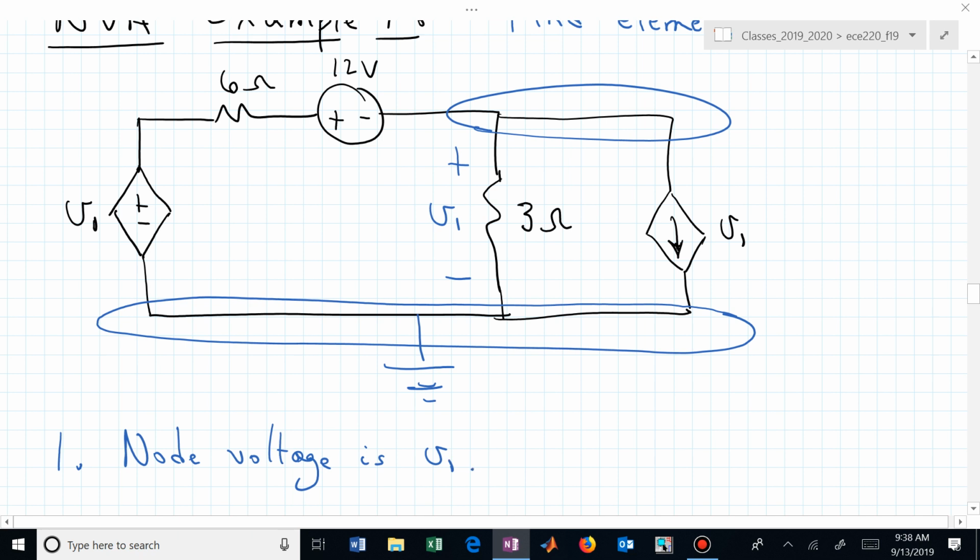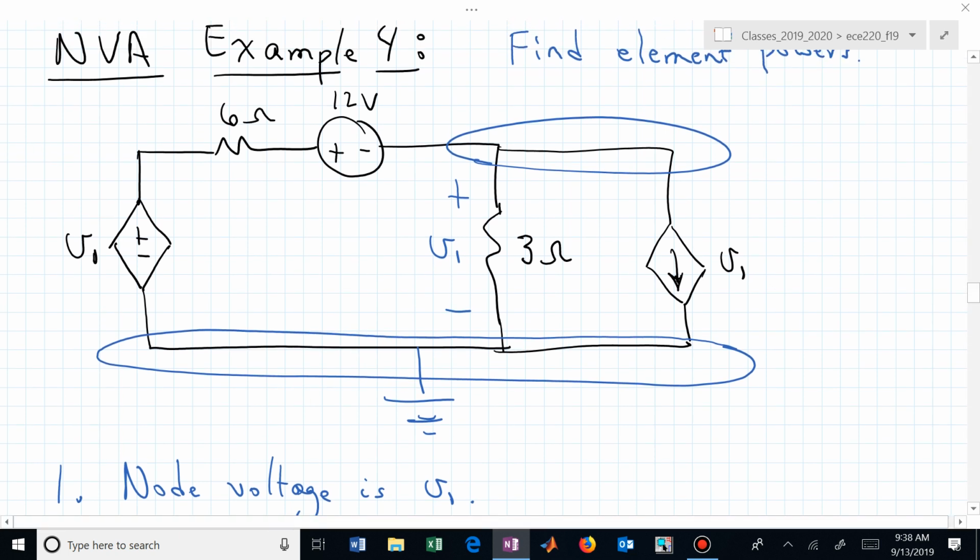The node voltage is V sub 1, which is going to be determined by the voltage dropped across that 3 ohm resistor.